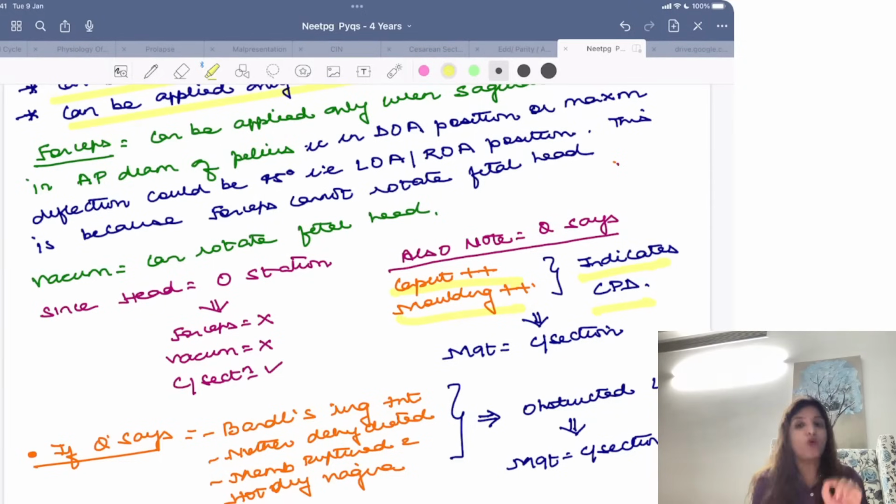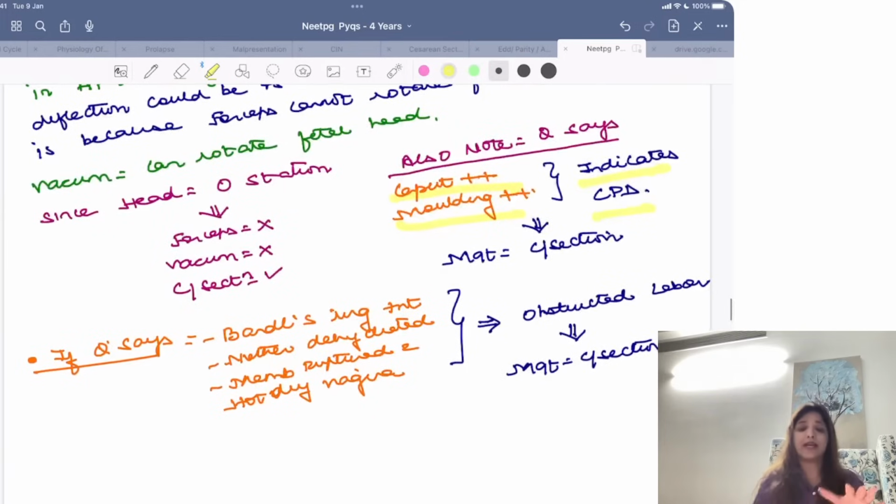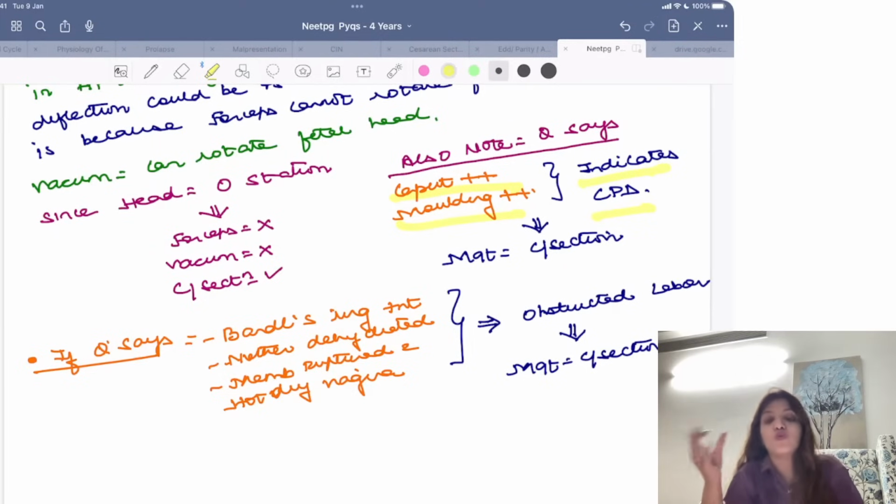Now, suppose your question says that there was this female, a primigravida or a multigravida female, who was in second stage of labor for 2 hours, and on per abdominal examination, Bandl's ring was felt.